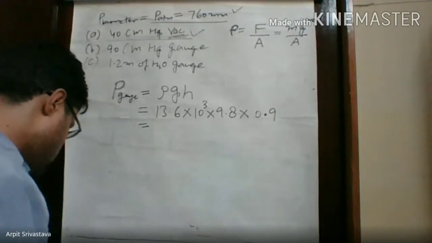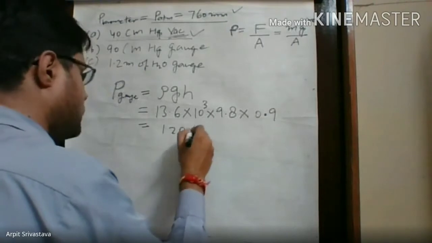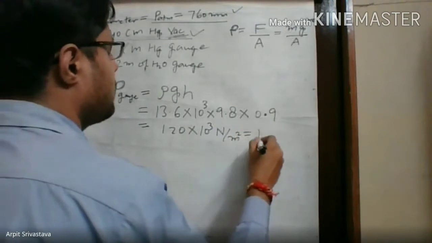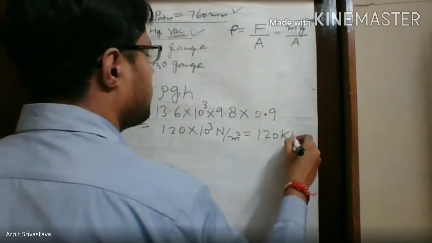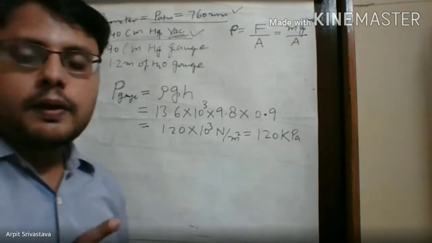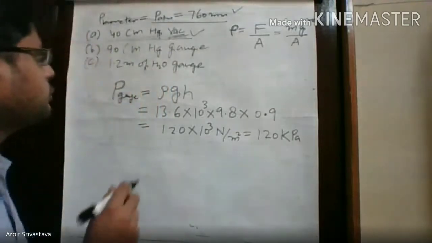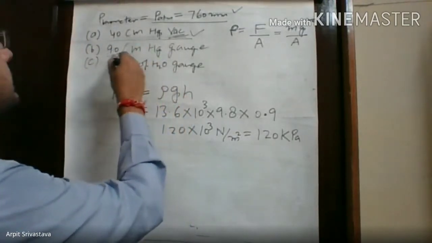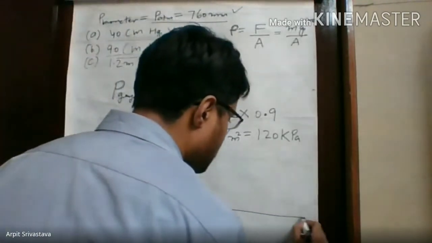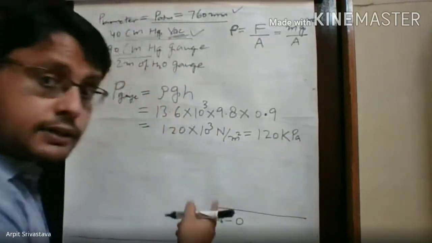When you calculate this value, it is equal to 120 into 10 to the power 3 Newton per meter square, or 120 kilopascal. Again, if you want to calculate the absolute pressure with respect to this gauge pressure of 90 centimeter of Hg, then draw the P absolute pressure zero line. This is a reference line.